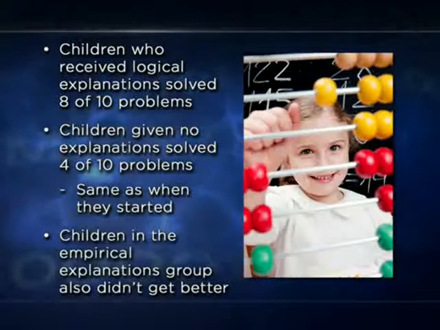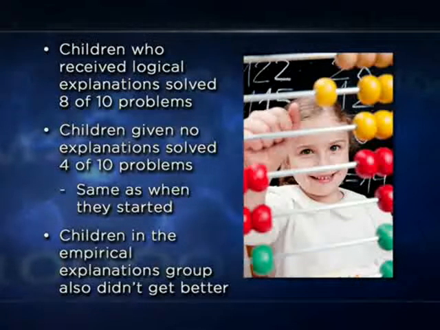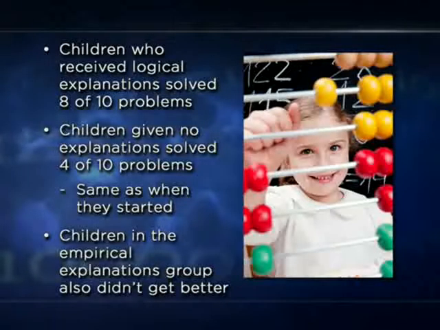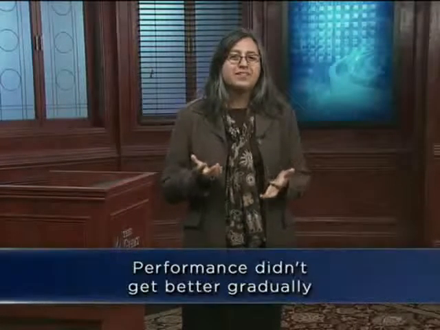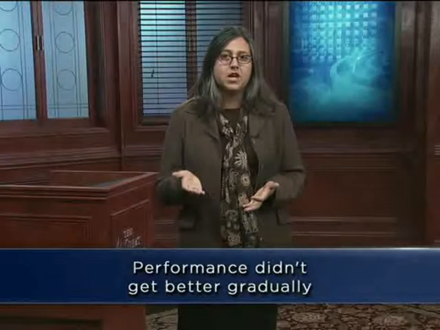And kids who got empirical explanations, where the experimenter showed them how to count, also didn't get much better. The second thing you can see is that performance didn't get better gradually. Rather, as soon as kids discovered how to use the logical strategy and started using it, their performance skyrocketed. So in this case, learning to solve the problems is really about learning the best strategy for doing so.